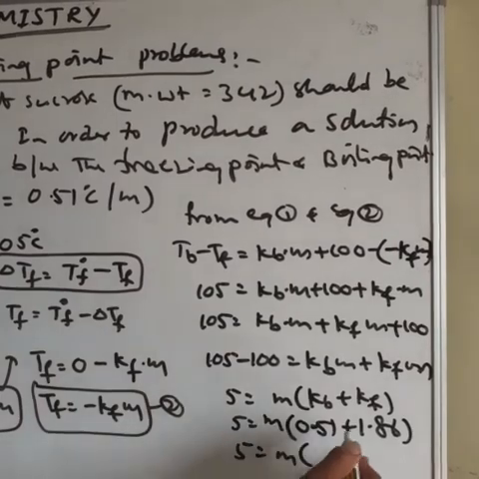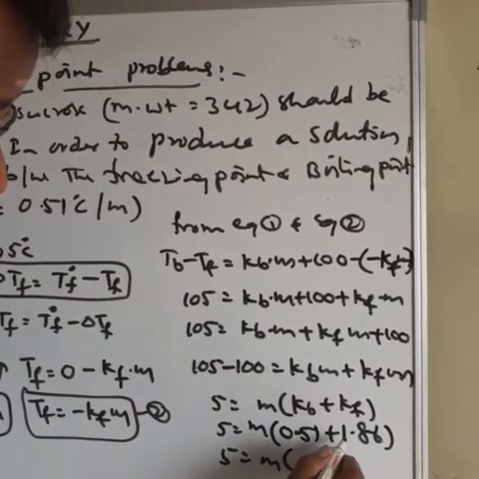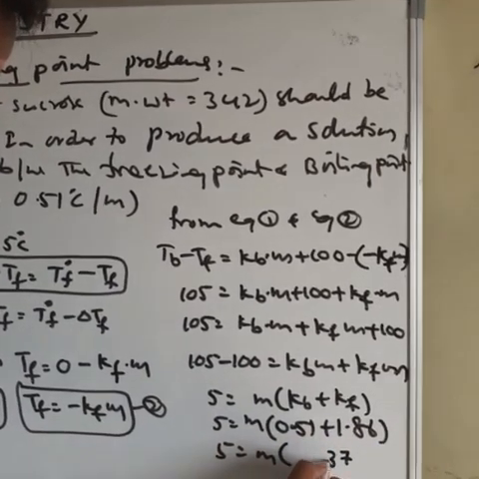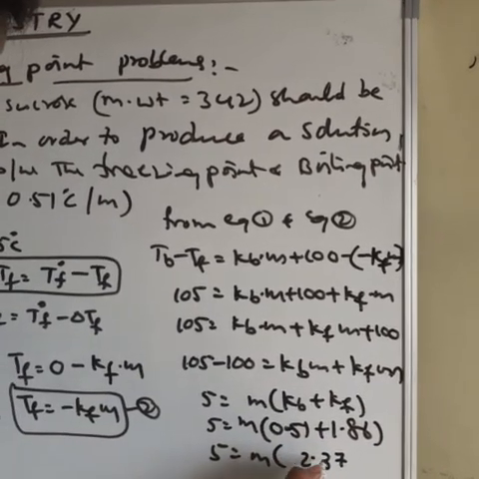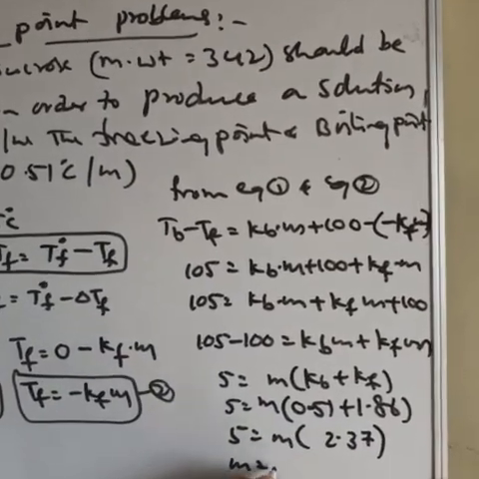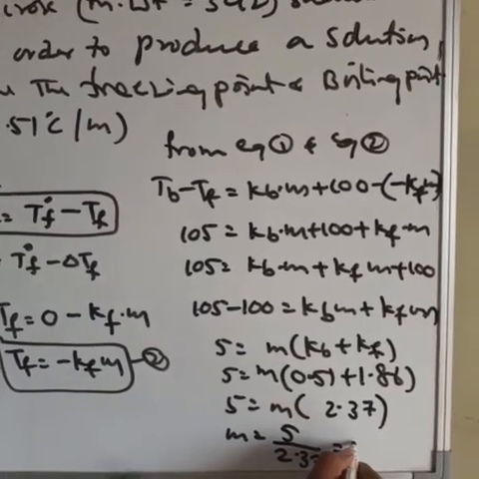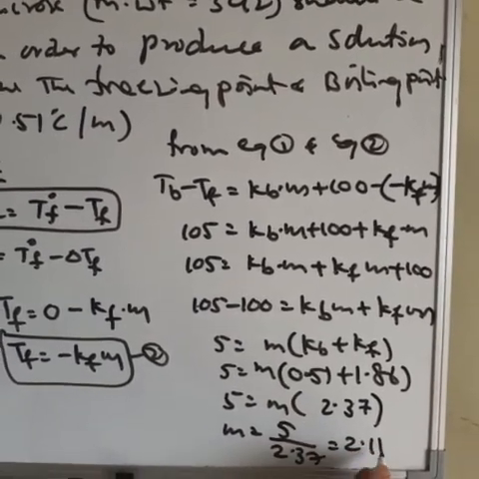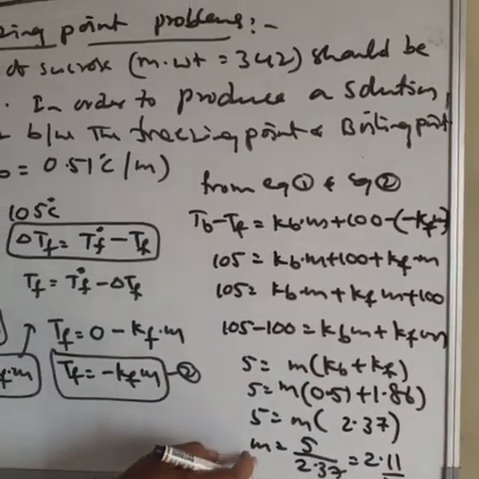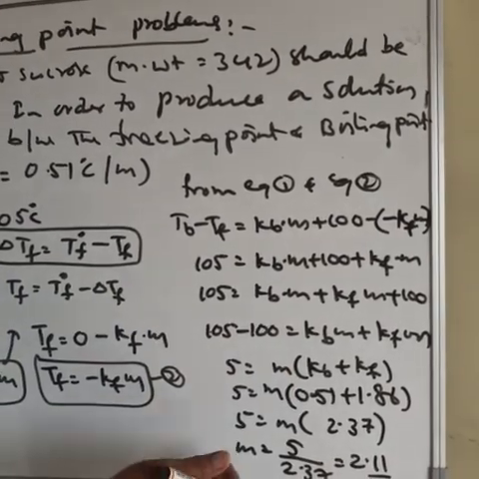Its total value is 2.37. Therefore M is equal to 5 divided by 2.37. Its value is 2.11 molality. So molality is completed. From this molality we have to find out the weight of solute. That is the next one.